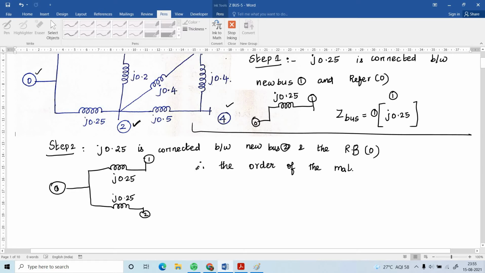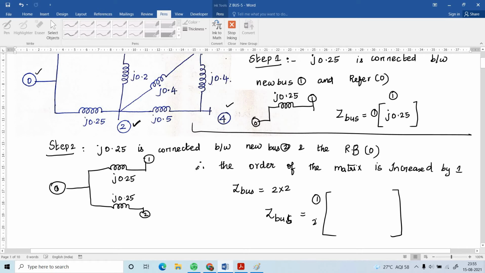What about the ZBUS now? It is increased by 1. Now the ZBUS has the order 2 cross 2. I am going to write the ZBUS matrix. Already it consists of 1 cross 1.